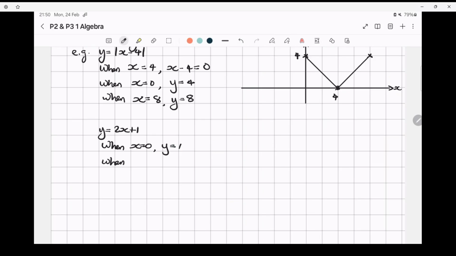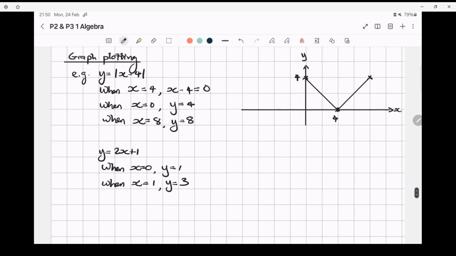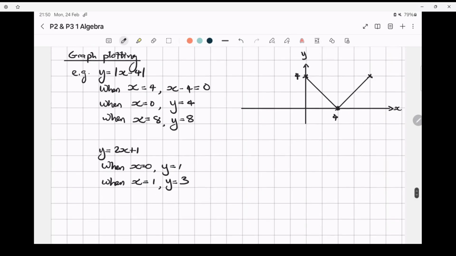For a straight line, you just need 2 points. So let's say I substitute x equals 0 and 1, then I get y equals 1 and 3. So when it is 0, you get 1, and when it is 1, you get 3. So it will be over here.